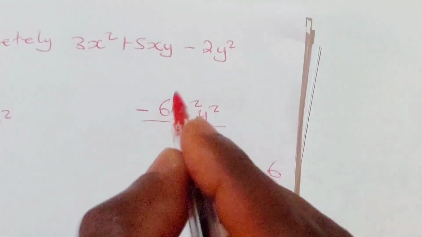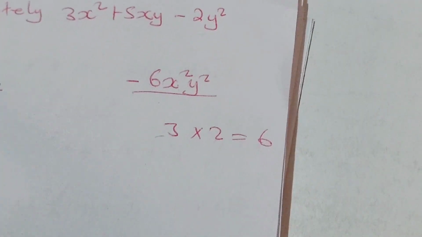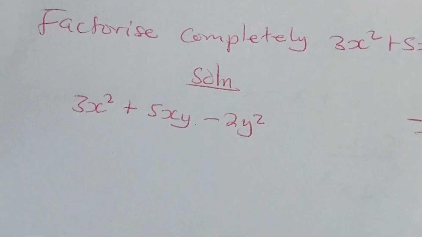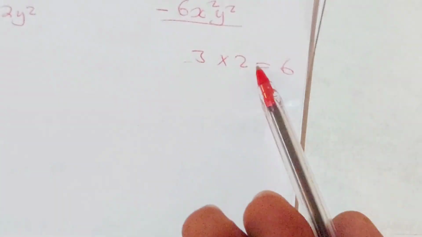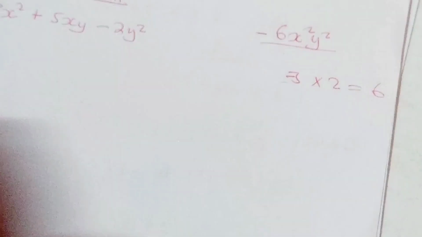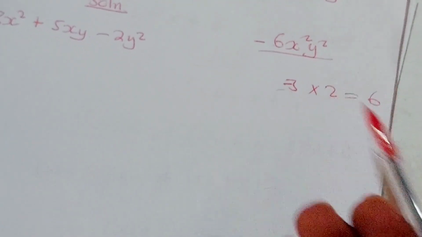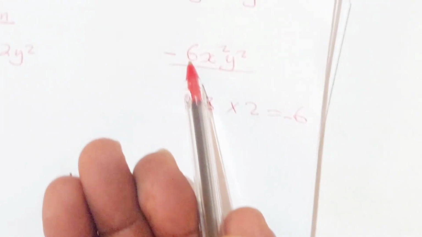But the primary idea is that the sum is positive and the product is negative. These two factors both have positive signs, therefore we are supposed to choose one to bear a negative sign. If we multiply negative 3 by 2, we get negative 6. Therefore, it has satisfied our product.